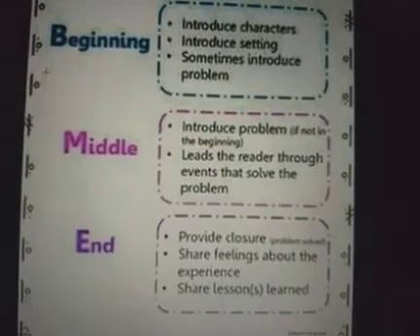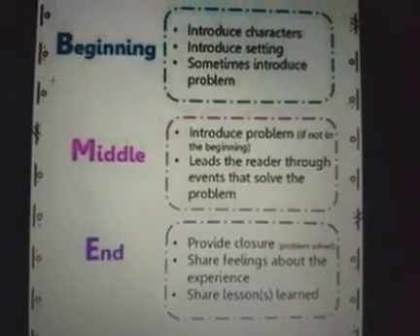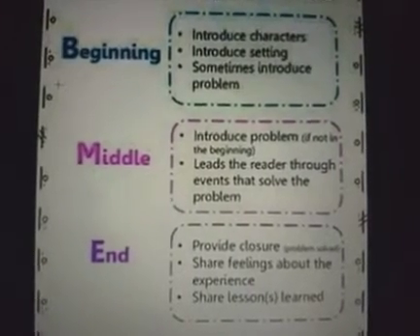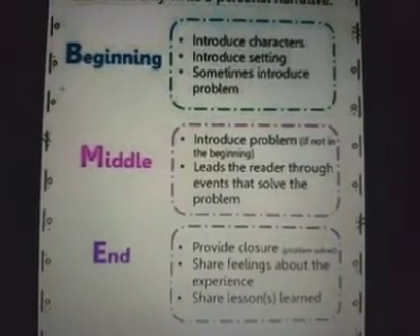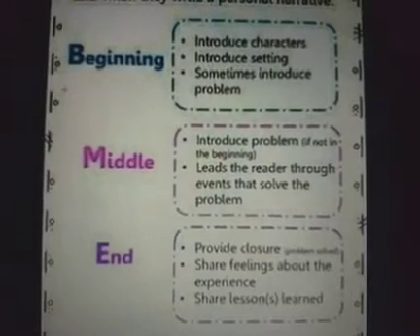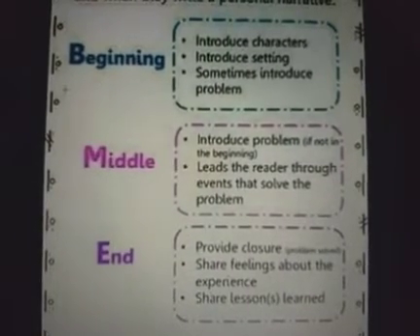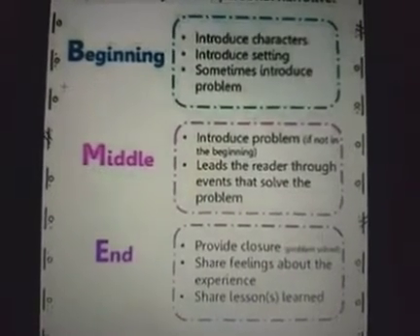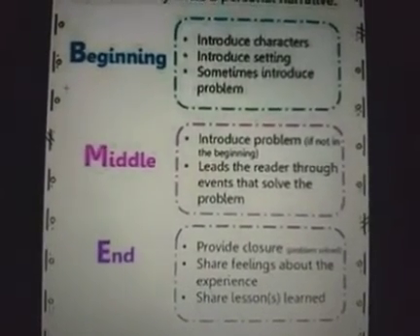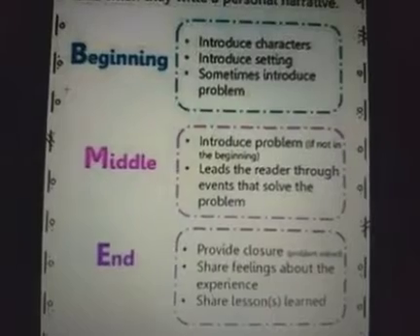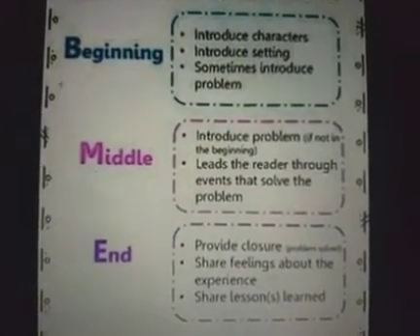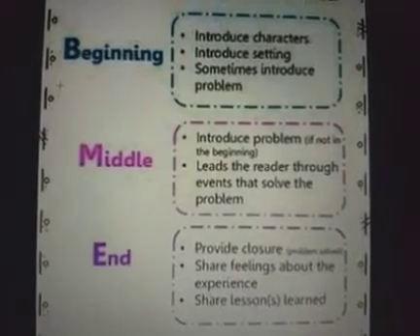In this part, all the other characters of the story are also introduced. So the main character is introduced in the beginning, and all the other, smaller characters of the story are introduced in the middle part of the story. And in most of the stories, the problem that happens in the story is discussed in this part.